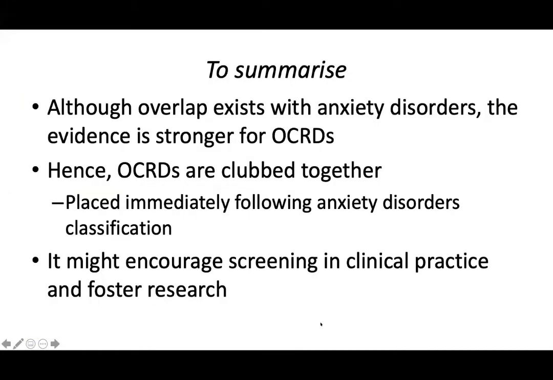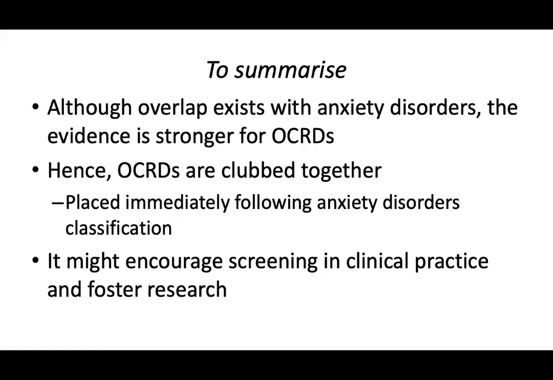So to summarize, although overlap exists with anxiety disorders, the evidence is stronger for OCRDs. So hence the ICD-11 work group along with DSM-5 work group decided to club all the OCRDs together and place it as a separate category. But they decided to place it immediately after the anxiety disorder classification, to emphasize that these two things can be seen commonly together also.